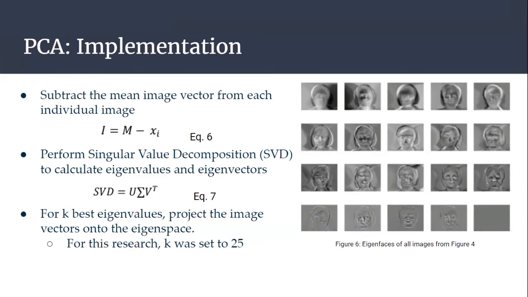That could be given from equation 7. Once we calculate those eigenvalues and eigenvectors, we would project the image vectors onto the eigenspace for k best eigenvalues. For this research, k was set to 25. And figure 6 just shows you an example of eigenfaces of all the images from figure 4.